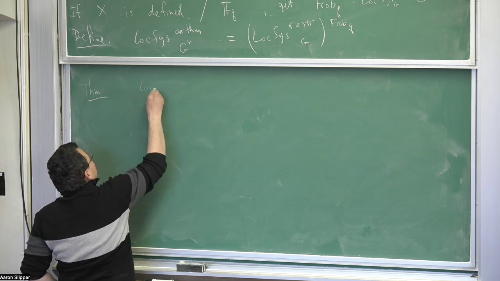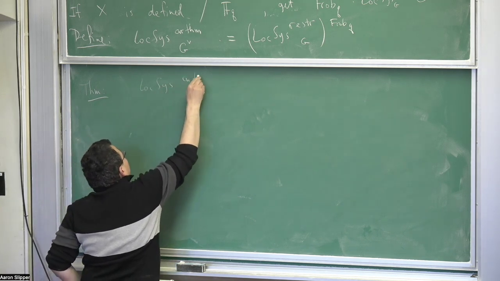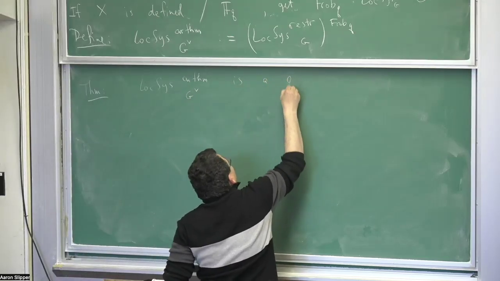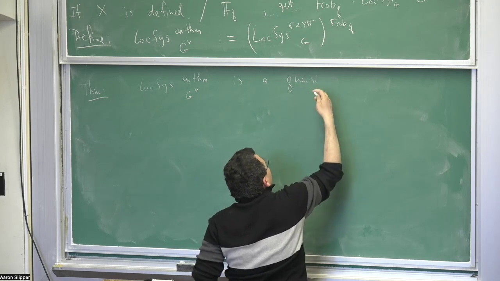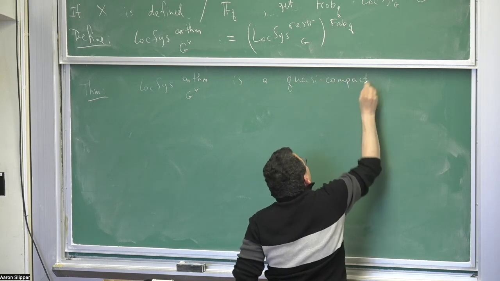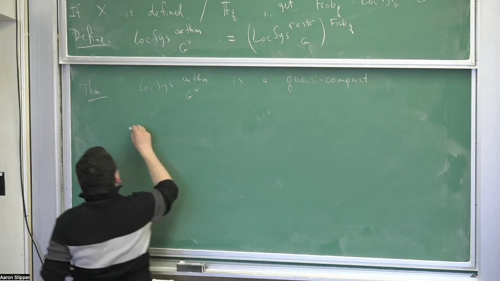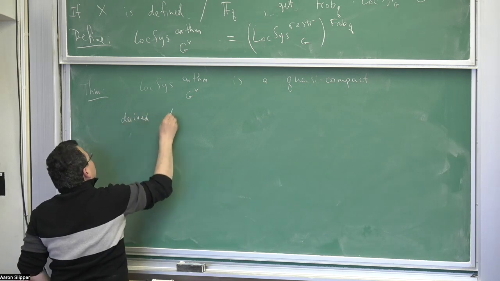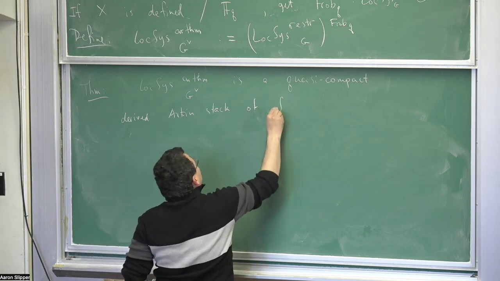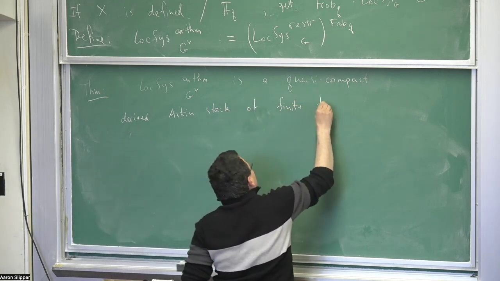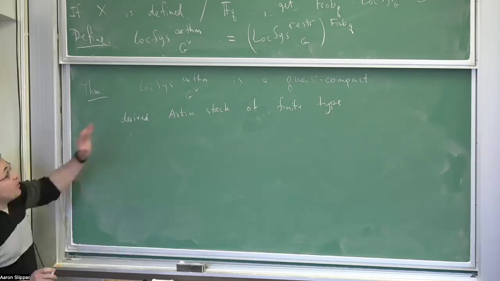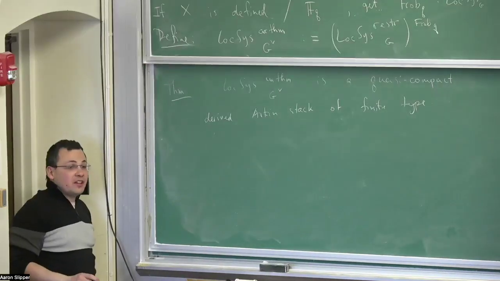This is a quasi-compact stack. All of that bad stuff went away just by taking fixed points of Frobenius.